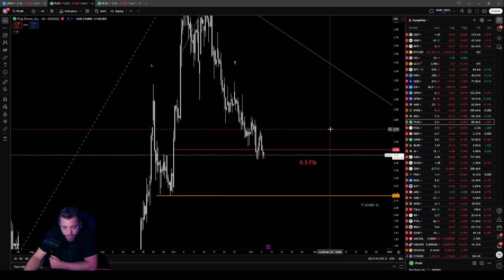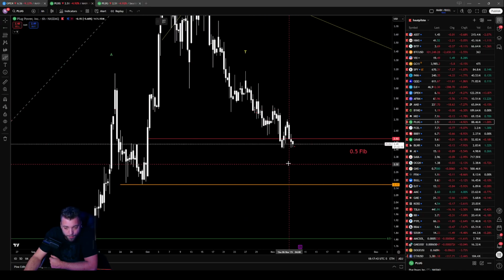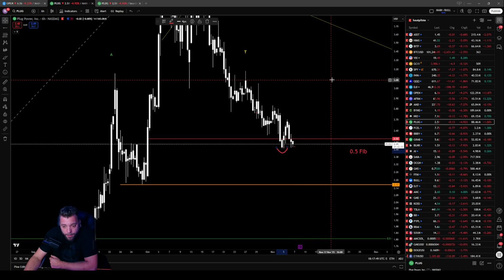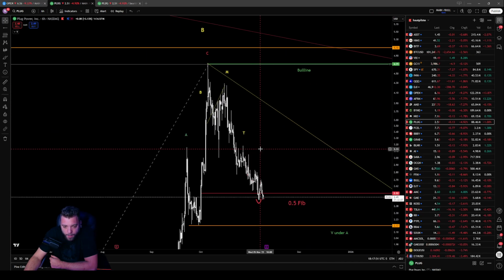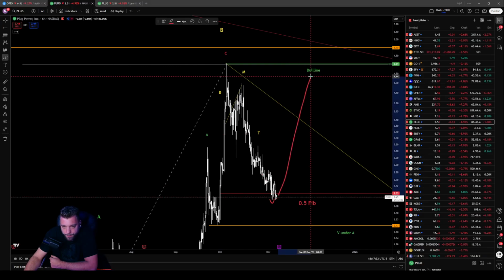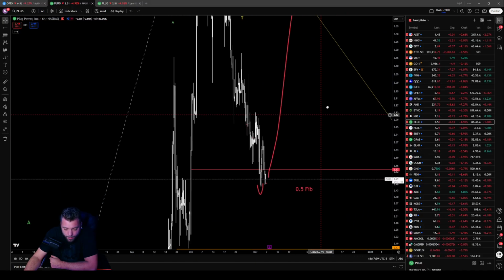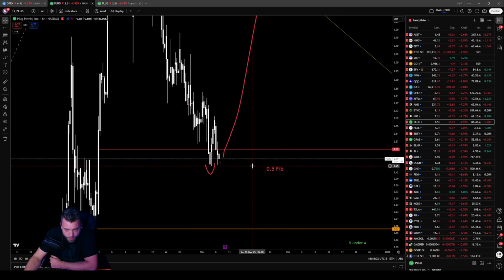I mean, if you're not breaking 245, this was your V, this was your higher low, and you go. Everything over 472 is bullish, but you're not allowed to touch 245. If you touch 245, that's a double bottom.